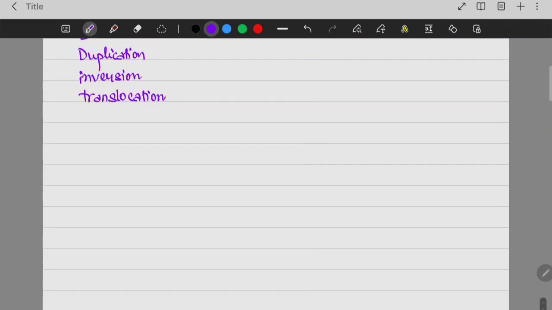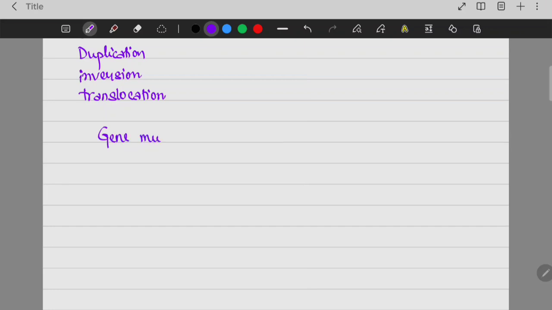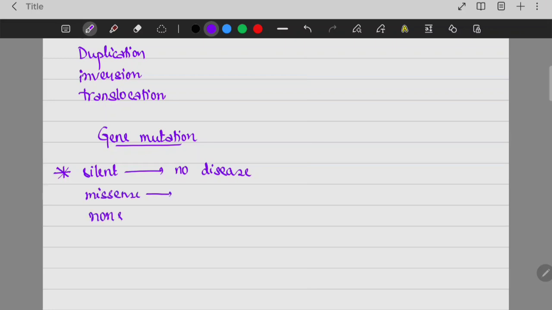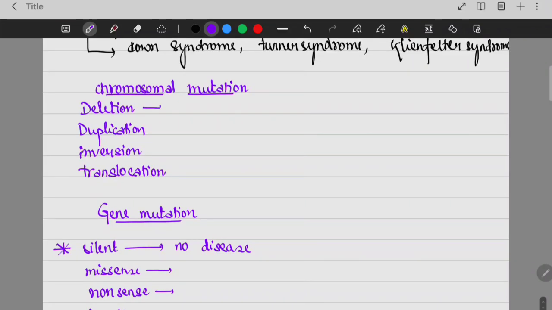Under gene mutation, one is silent. Silent has no disease, so I am removing this point. Missense, nonsense, insertion, and finally deletion.